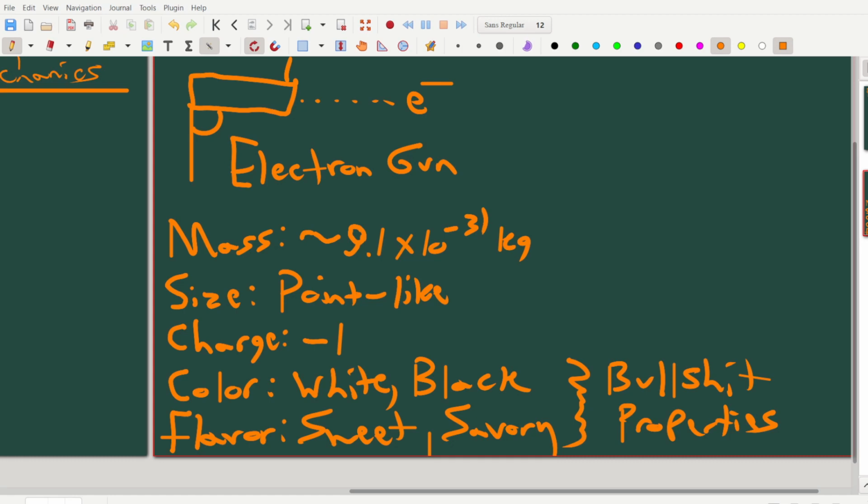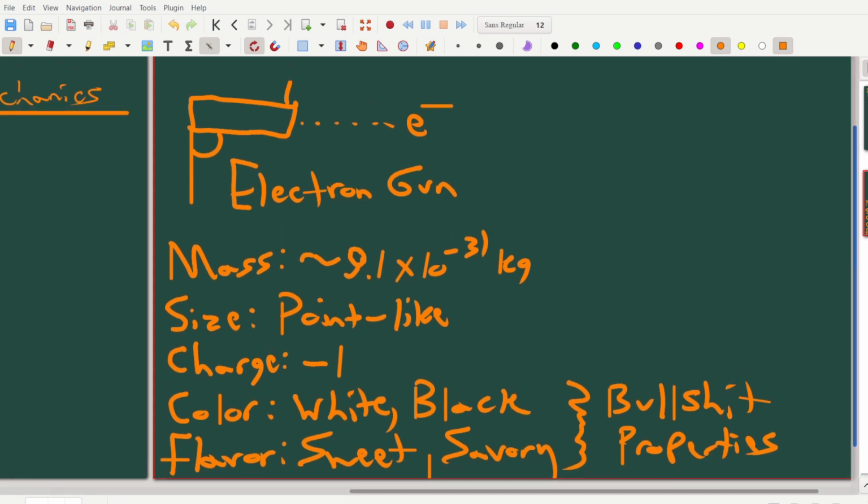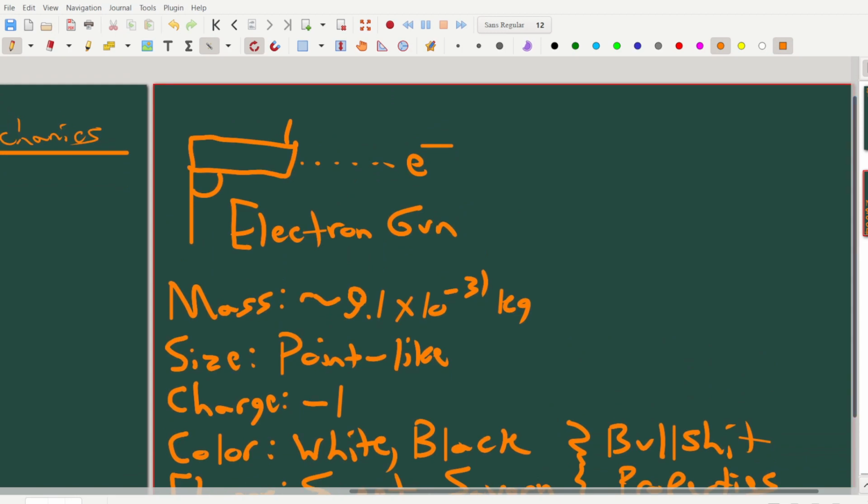Okay, so I'm going to do a really, really simple experiment today. What I'm going to introduce now is we're going to shoot electrons and put them through two different types of apparatuses, or devices, if you will, that separate our electrons based on their color or flavor.